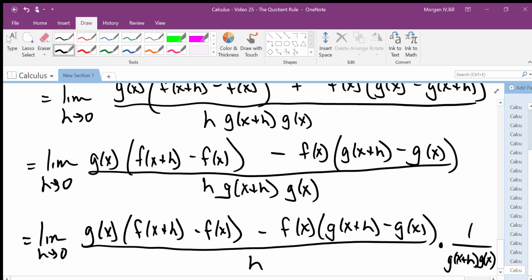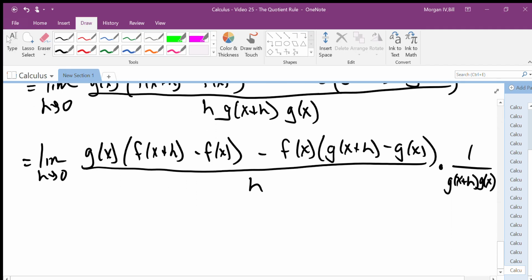I didn't change anything, but instead of having this g of x plus h times g of x in the denominator, I'm separating that and multiplying it by 1 over g of x plus h, g of x. This limit as h goes to 0 is still for the whole thing, so I haven't moved it outside of the limit.